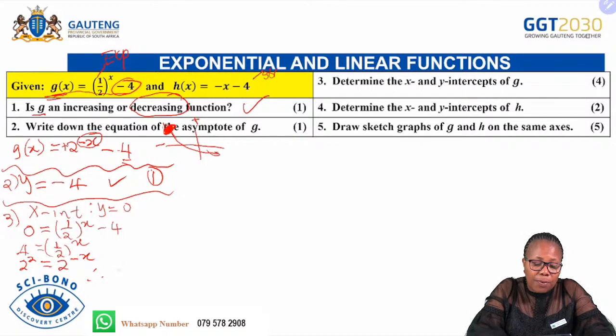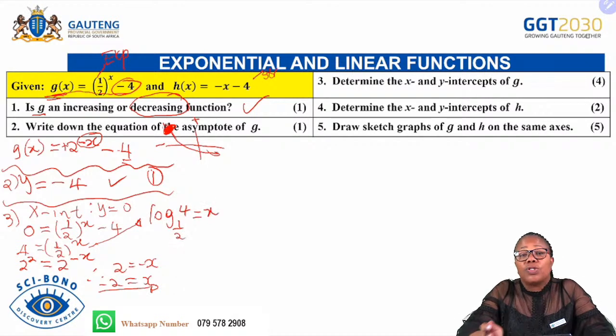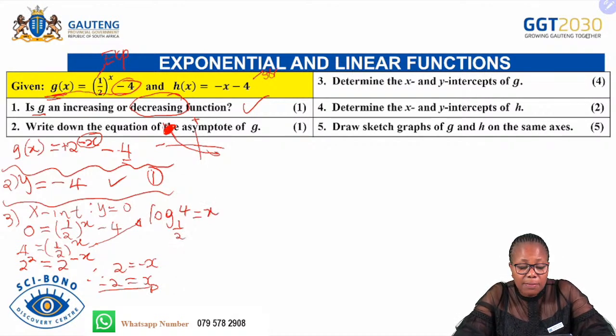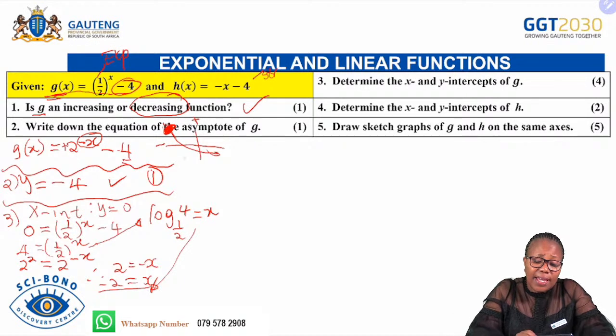Therefore, we end up with 2 equals minus x, so x will be negative 2. When you are applying your logs, grade 12, from this step, you'll have the log of 4 with base half. This will definitely give us the same answer, which is x equal to −2. That is the x-intercept for the g function.